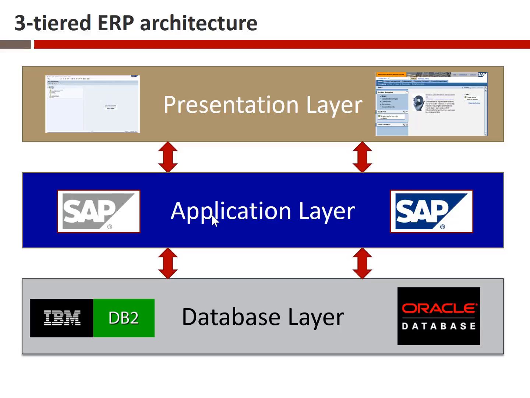Now we'll talk more about this in detail later on, but you'll notice that in my diagram here, I have the IBM DB2 logo, I have the Oracle database logo here, and that's because those are two very common database systems that SAP customers will use to fulfill their persistence needs.